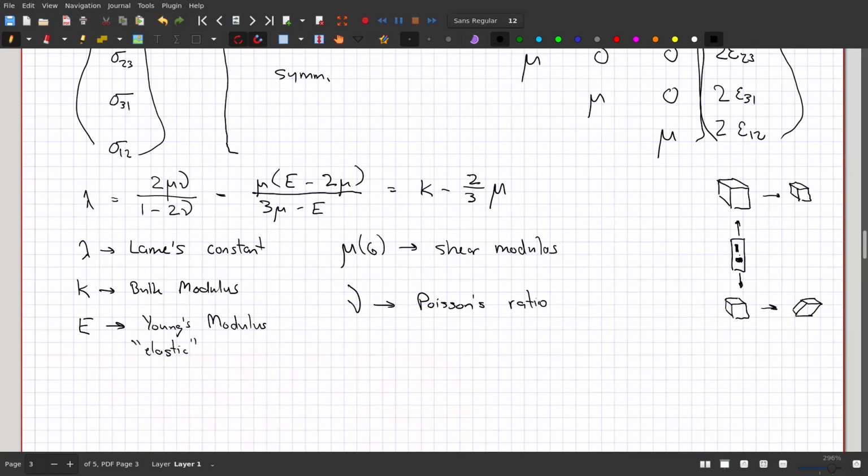Okay, and if you were to write down, I don't have the equation in front of me, but whatever the equation is for K as a function of Poisson ratio and any other constant, if you put in a value of 0.5 for Poisson ratio, not shear modulus, sorry.